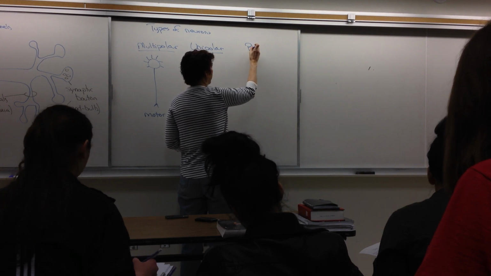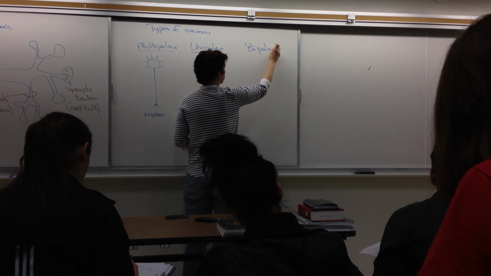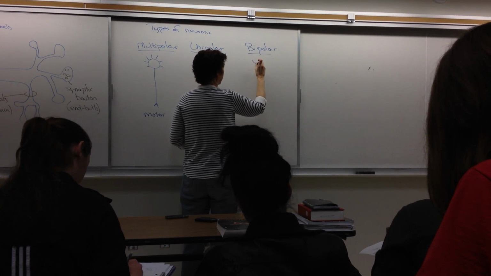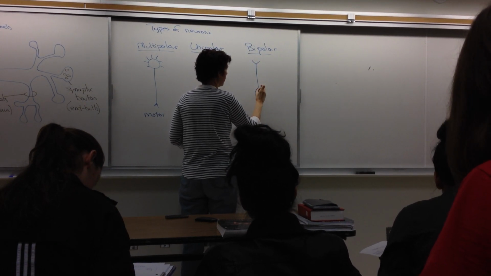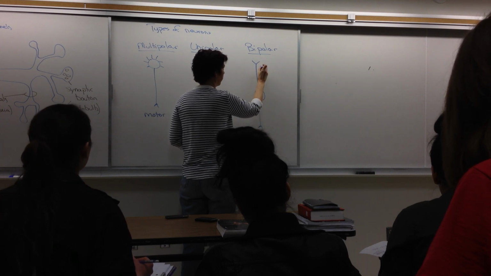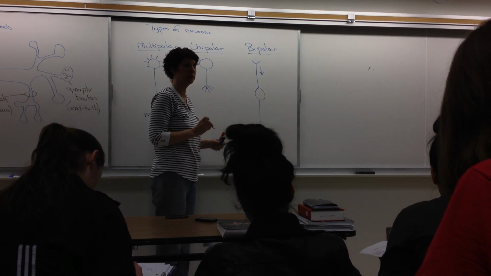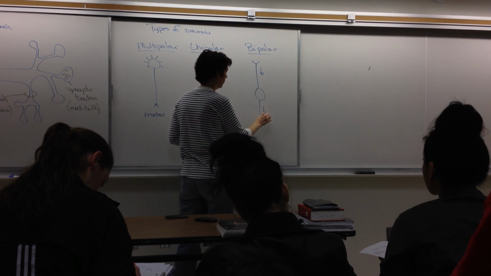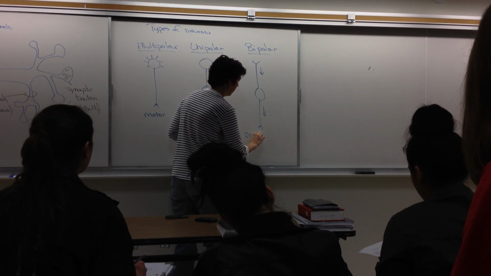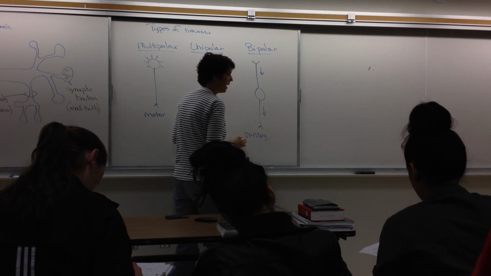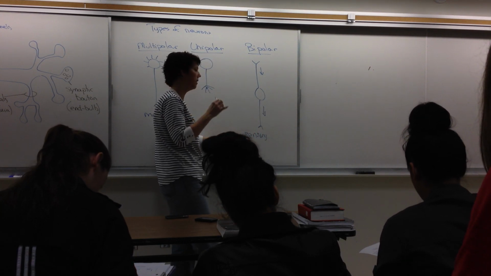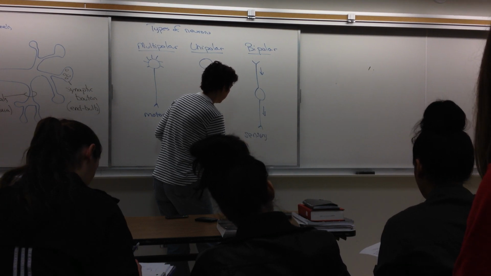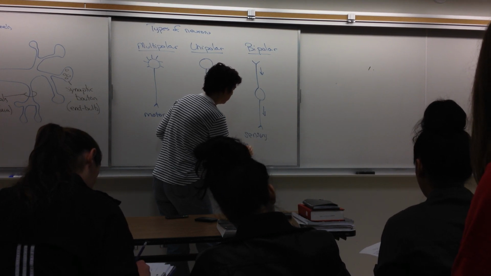Then we have bipolar. We're not talking about a psychiatric disorder. These are sensory neurons. The information would travel towards the cell, around through the cell, and then away from the cell. And these are sensory neurons. 2 areas in the body where we find them: in the retina of the eye and the olfactory neurons in the nose.